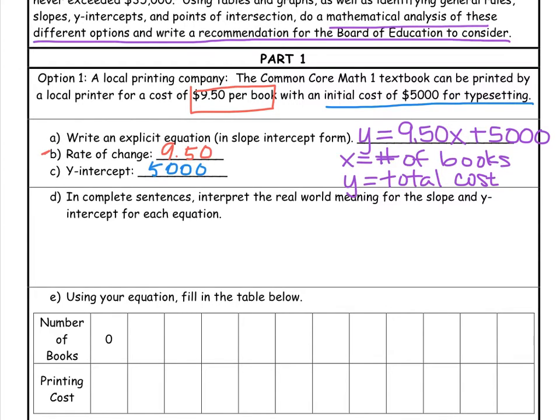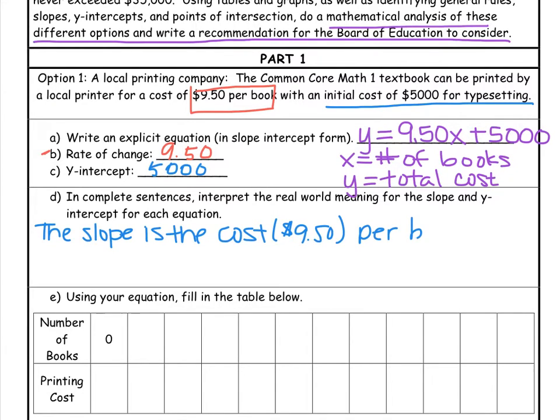So in complete sentences, interpret the real-world meaning for the slope and the y-intercept for each equation. So what's the real-world meaning of the slope? Well, the slope is the cost per book. And we want to include that cost. That's $9.50. That's our rate of change.